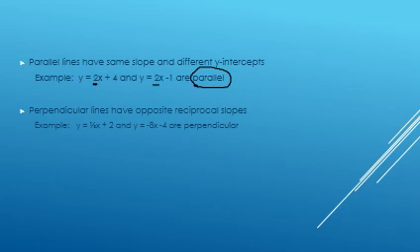Okay, and then our other one, perpendicular. Remember, perpendicular needs to have opposite reciprocal slopes. So that means you need to do two things. You need to change it to the opposite, and you need to do the reciprocal. Reciprocal, remember, means to flip. Okay, so right here we've got y equals 1/8 x plus 2.